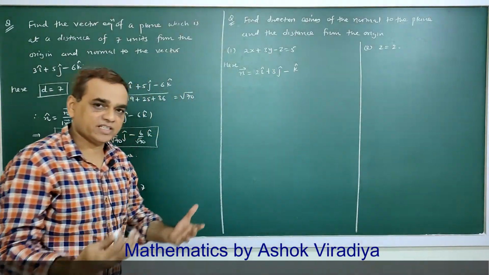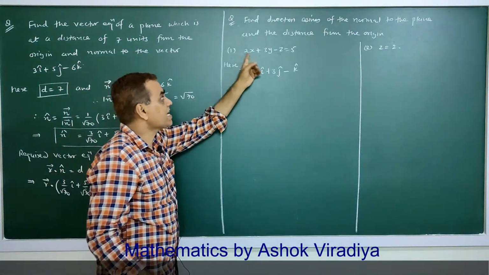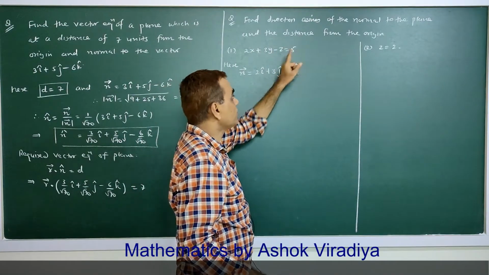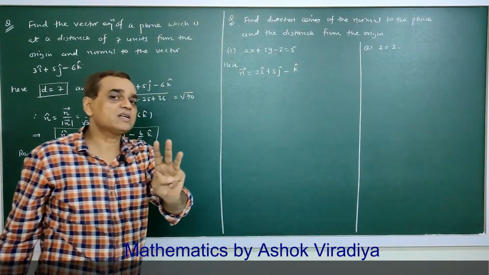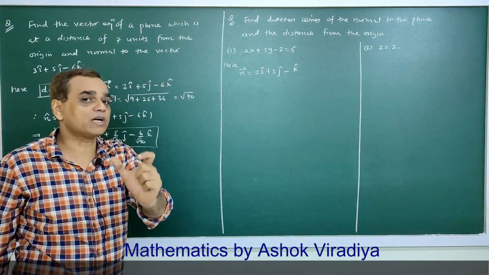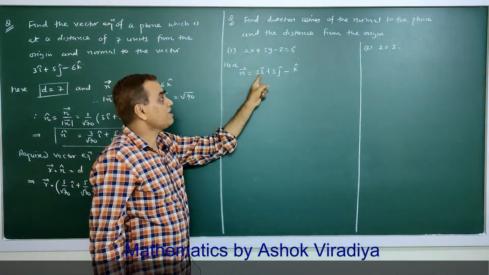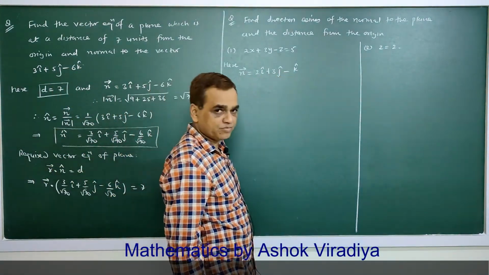In theory, if the equation is ax plus by plus cz equals d, then a, b, c are direction ratios of the normal. So the normal is ai plus bj plus ck.